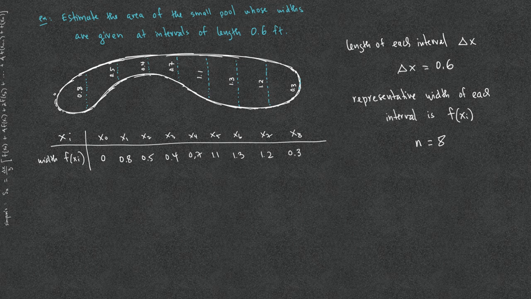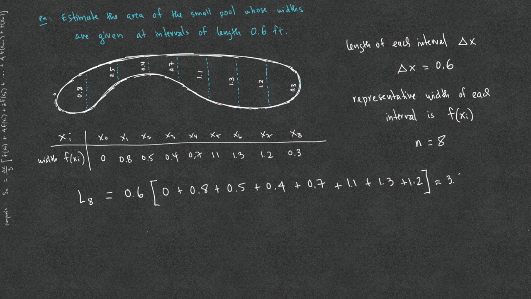For the left sum, L sub 8, it is delta x, which is 0.6, times the sum of the functional values using the left endpoints. They are 0 plus 0.8 plus 0.5 plus 0.4 all the way to 1.2 only. There should be 8 terms in the left sum. This is approximately 3.6 square feet.